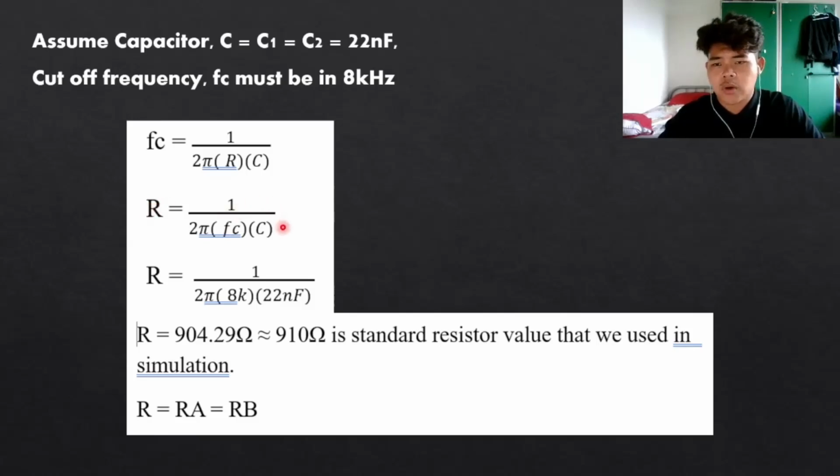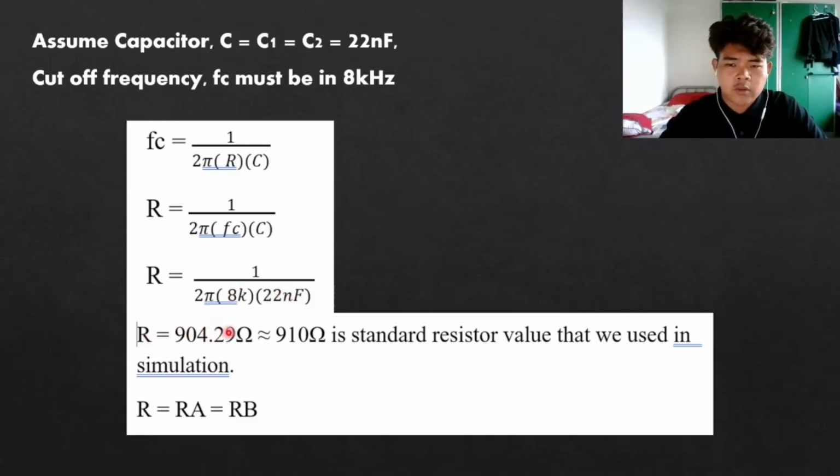So R equals 1 over 2 pi FC times C, and then we substitute in the values that we've gotten so far, which is R equals 1 over 2 pi times FC, the cutoff frequency of 8 kilohertz, and then the capacitance C of 22 nanofarad.